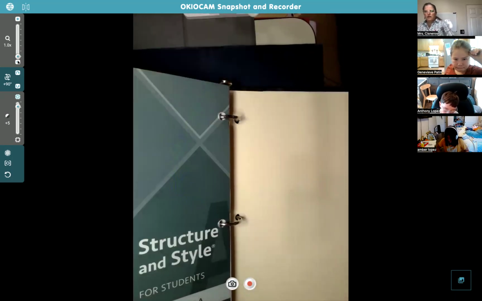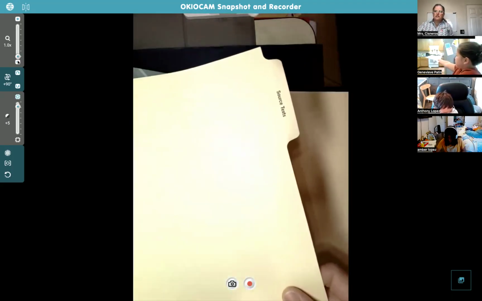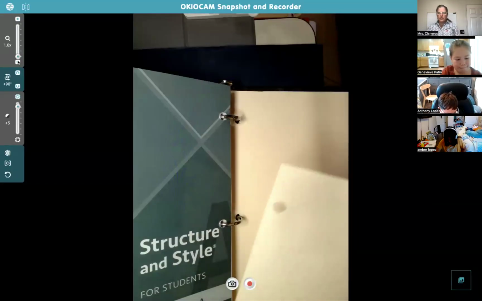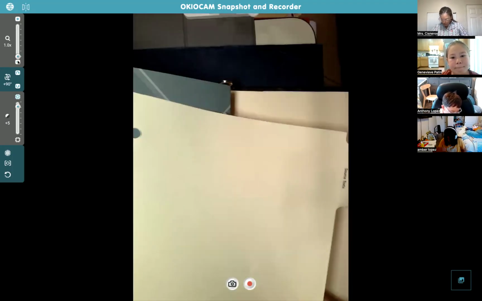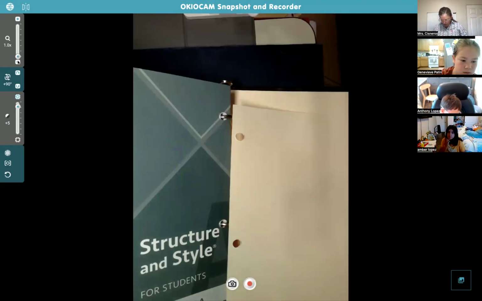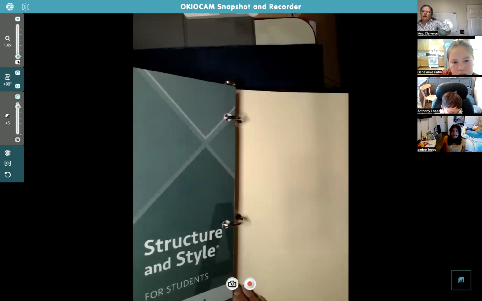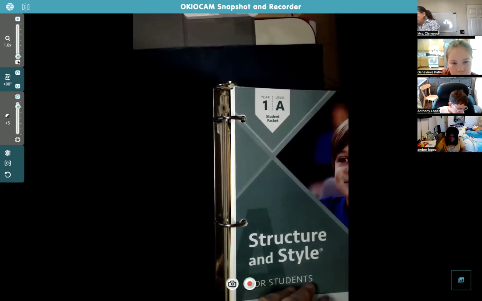Pull those apart. Don't pull on the rings. Then you can take out this tab, source texts, and close the rings again. I'm going to show you where to move it. Let me know when you got the tab out. You guys got it? Okay, close up the rings and then go back to the front again.